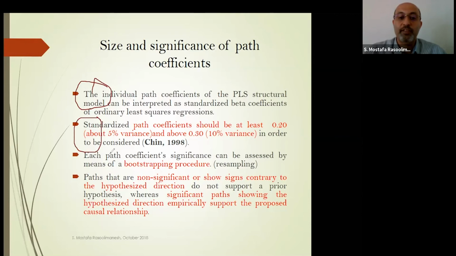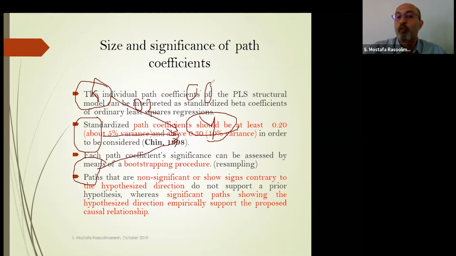For example, if you have three variables here, x1, x2, and x3, and these three variables influence y, if the path coefficient here is 0.2, it means x1 roughly explains 0.2 to the power of 2, which is 0.04 or 4% of the variance of y.